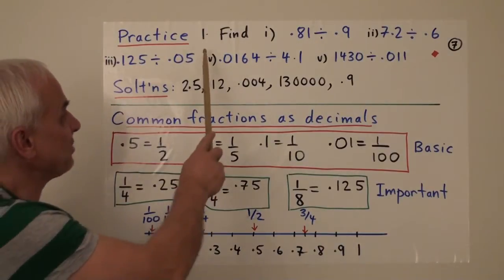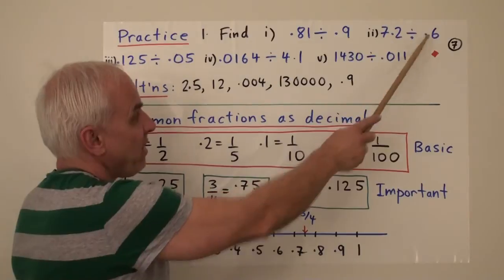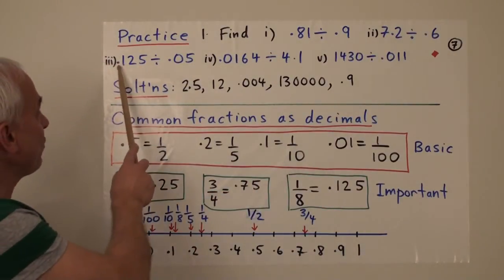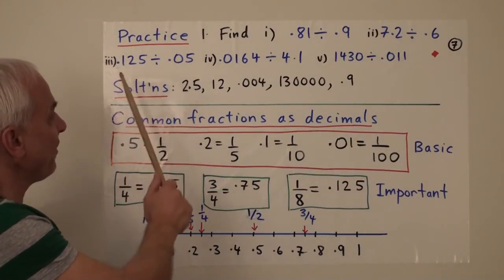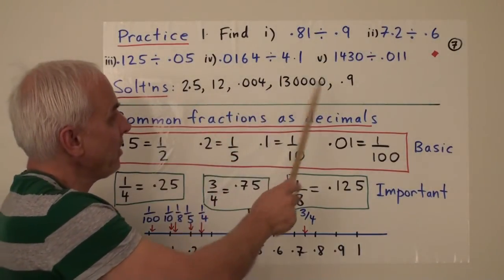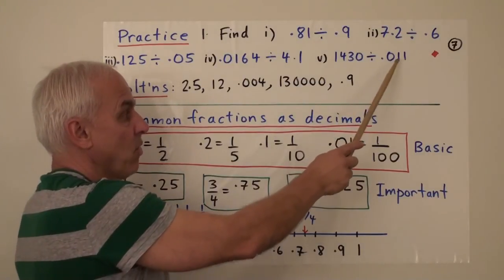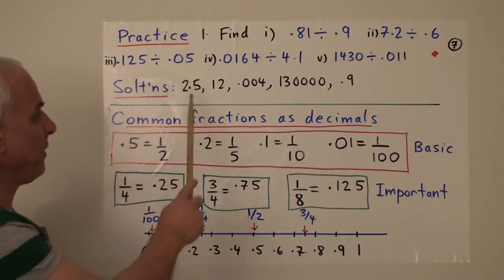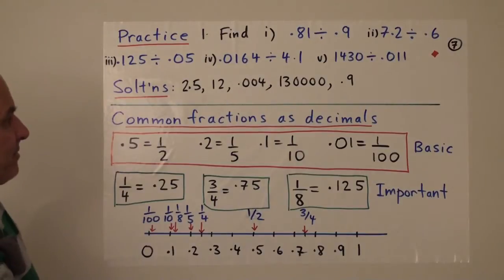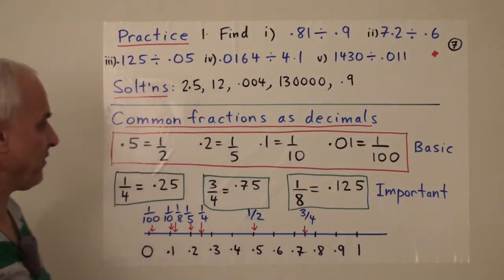All right, so here are the practice problems. 0.81 divided by 0.9, 7.2 divided by 0.6, 0.125 divided by 0.05, 0.0164 divided by 4.1, and 1,430 divided by 0.011. And there are some solutions. Of course, you'd better not look at those solutions before you try the problems.